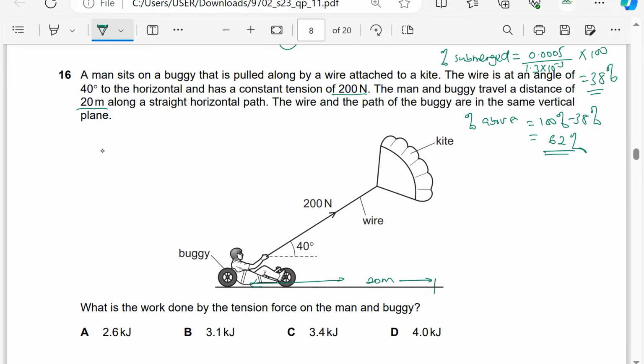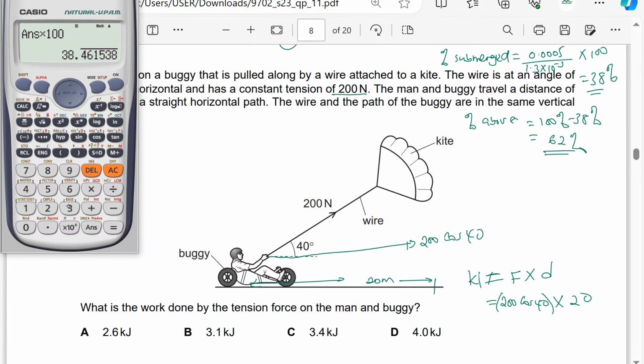So I have resolved the tension in the horizontal, and this will be 200 cos 40. We know the work done is equal to the product of force and distance in the direction of the force. That's why I had to resolve. So the force is 200 cos 40 in the horizontal times the distance moved in the horizontal.